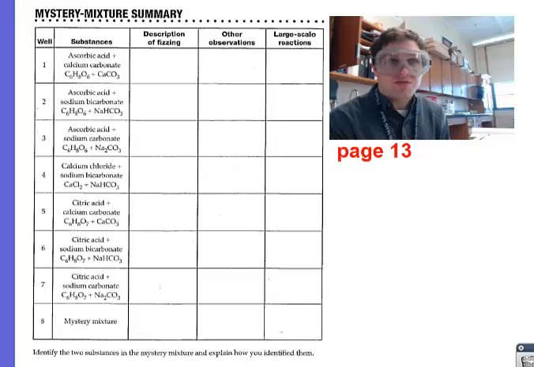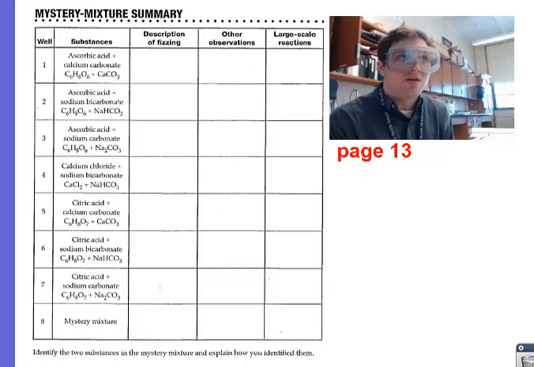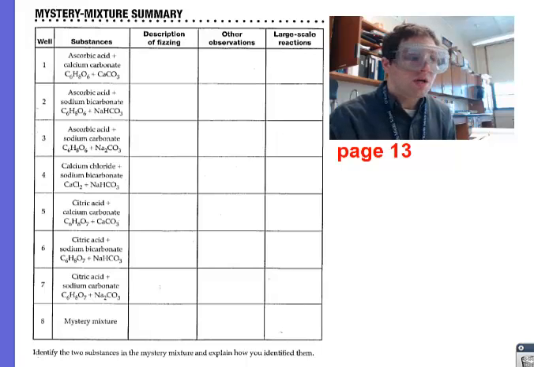Today's goal is to do confirmation reactions where you do 7 different combinations of two substances, as you can see in the substances column of your data table.